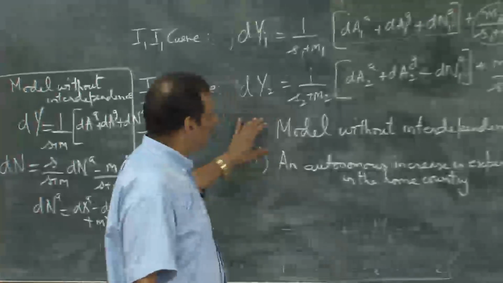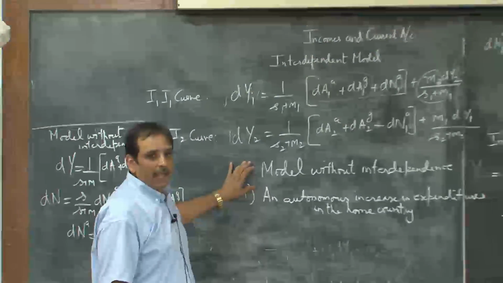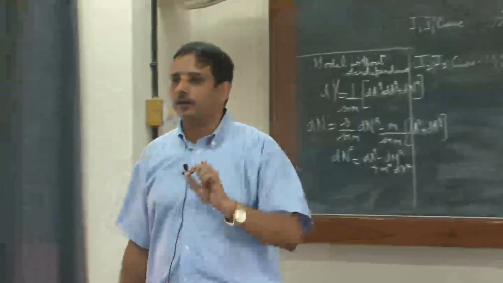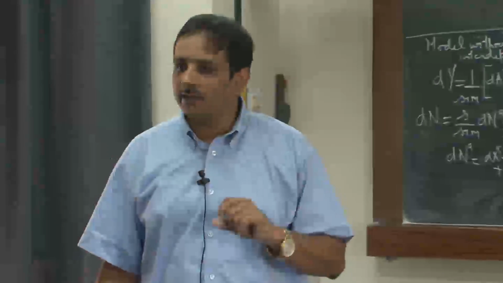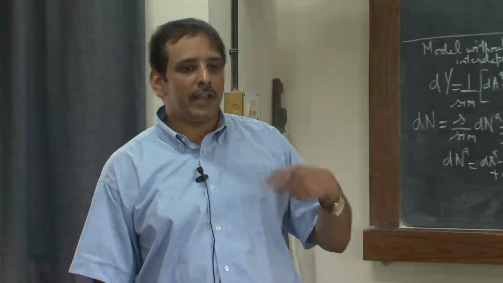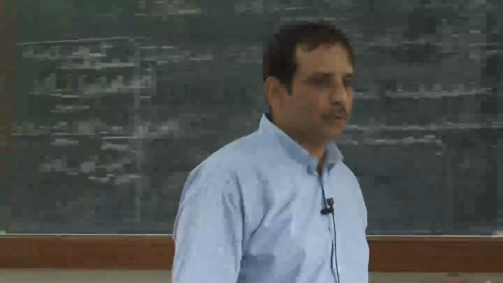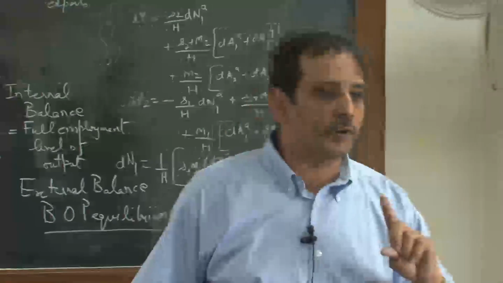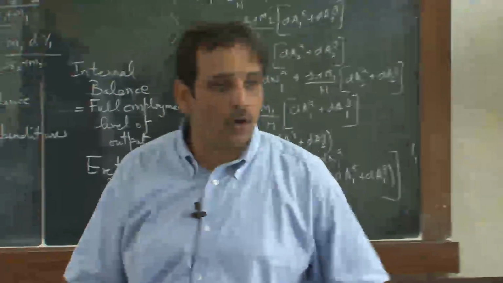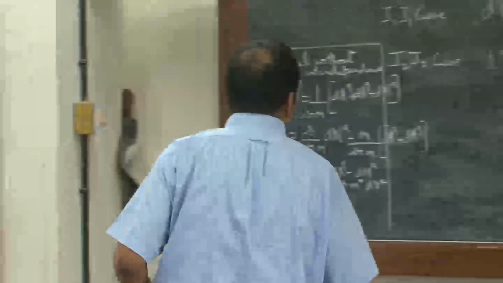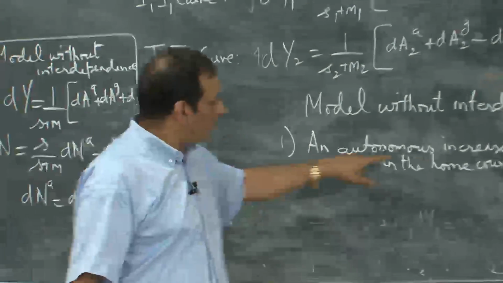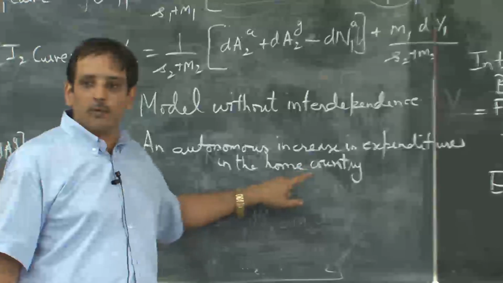You are back to the model without interdependence, and your objective now is to curb any deficit or surplus in the balance of payment. Reason being that even if you had a model with interdependence, any shock is not able to curb the deficit or surplus permanently. So we have to do something more in the economy to curb the surplus and deficit. Now see what happens if there is an autonomous increase in expenditures in the home country.